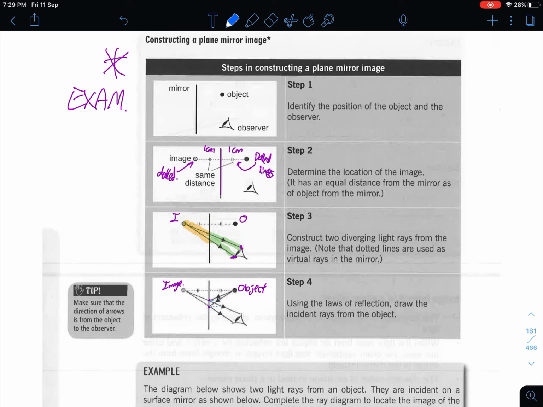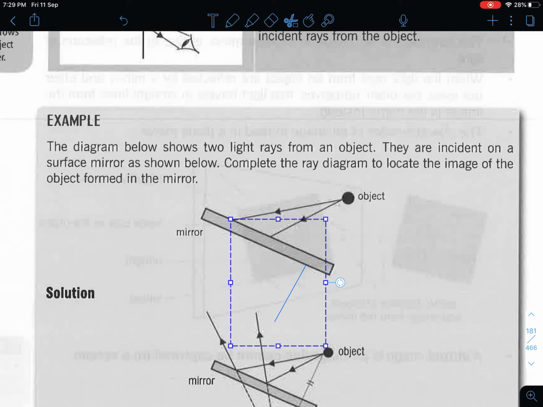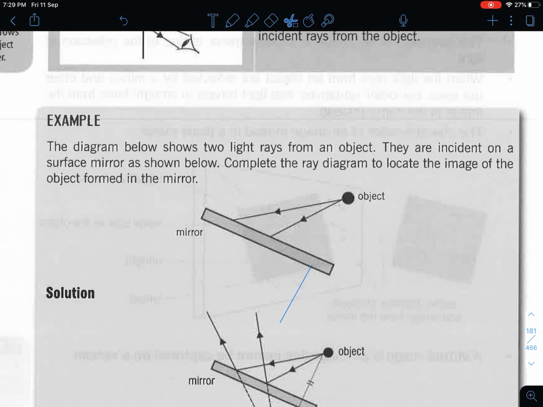Okay, so let's say we look at this particular question whereby you are required to complete the ray diagram. So the first thing you can do is measure the distance. So let's say I measure this distance and through it I realize that the distance is somewhere around here for the image.